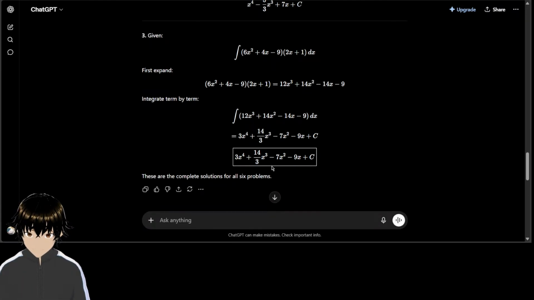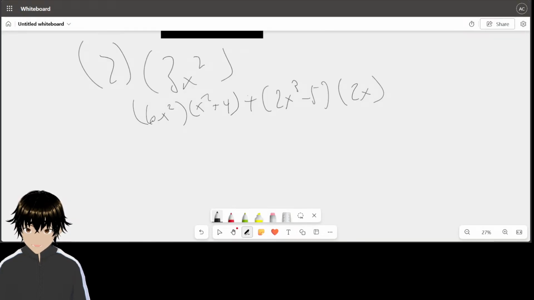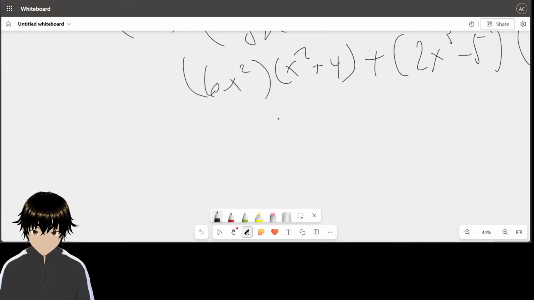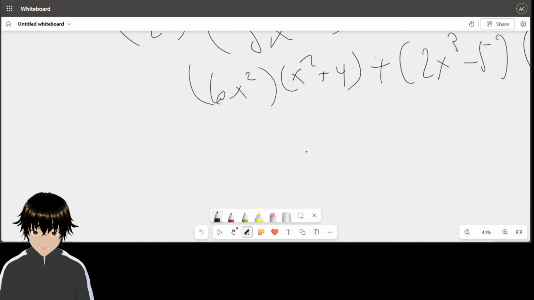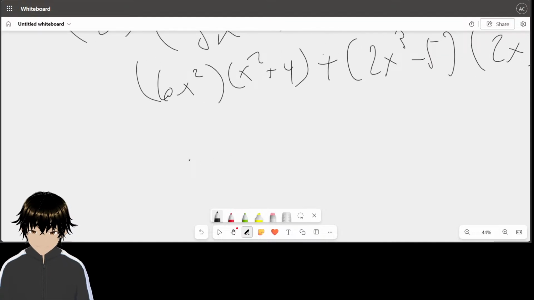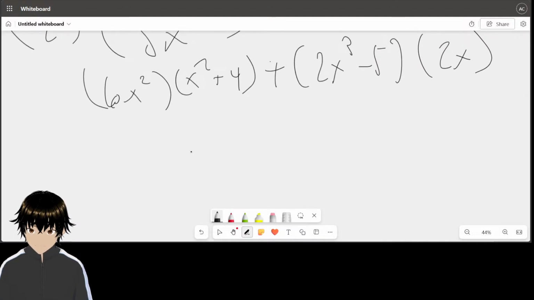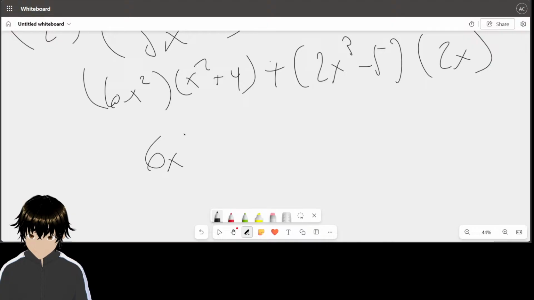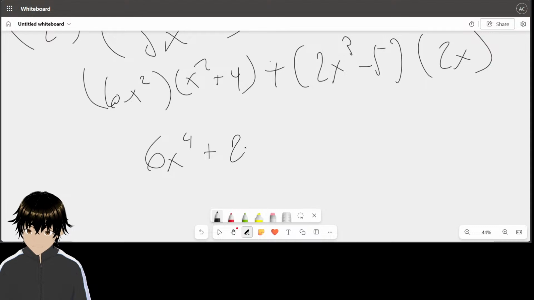Is that the answer? You have to simplify it. Oh, damn it. To simplify, I believe it's gonna be 6x to the power 4 plus 6 times 4. It's gonna be 24. I believe that's correct. Okay.